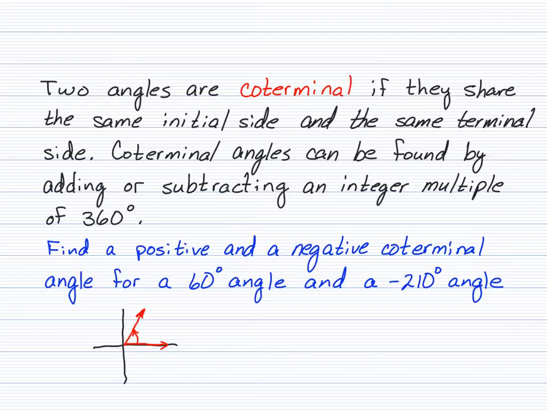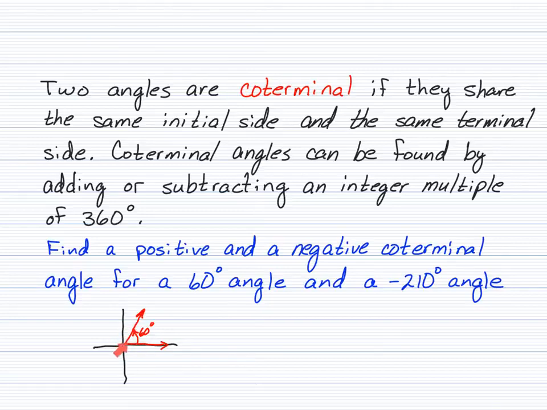Now, for this 60-degree angle, we rotate it up. And let me go ahead and write the 60 degrees in here. We started on this side, we ended on this side. This is your initial side, and this is your terminal side.